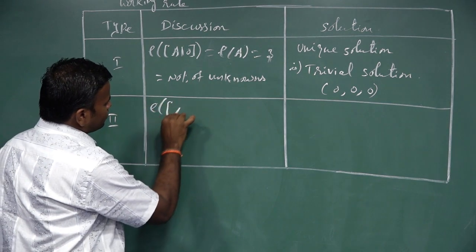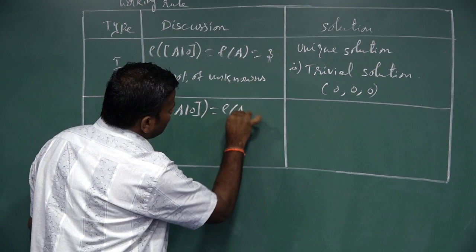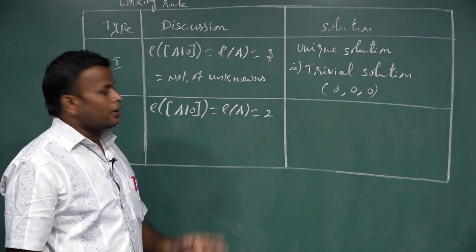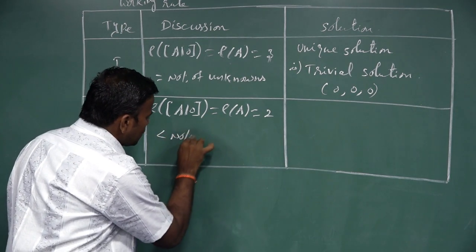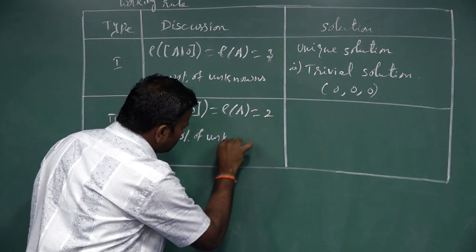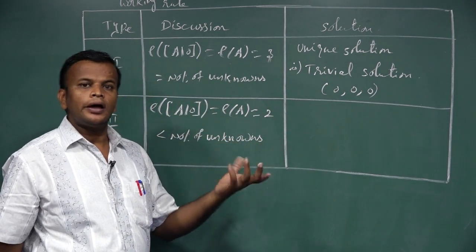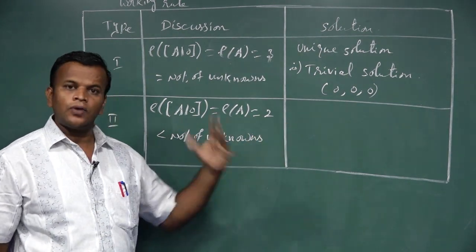And the second case: suppose the rank of A is 2, or it may be 1, which is less than the given number of unknowns. It may be 2 or it may be 1. I write just 2, or 1, which is also less than the given number of unknowns.